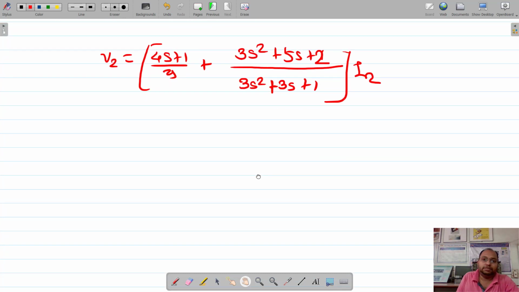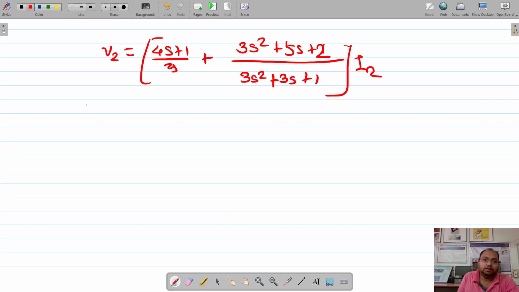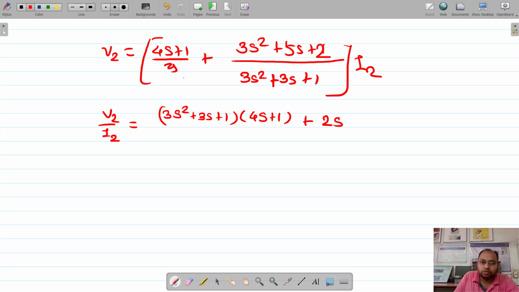Now let's transfer this I2 to the left hand side. Now let us do the cross multiplication. So we are going to multiply by 3s square plus 3s plus 1 to the bracket 4s plus 1, and plus we are going to multiply by 2s, so to this and to this, right?